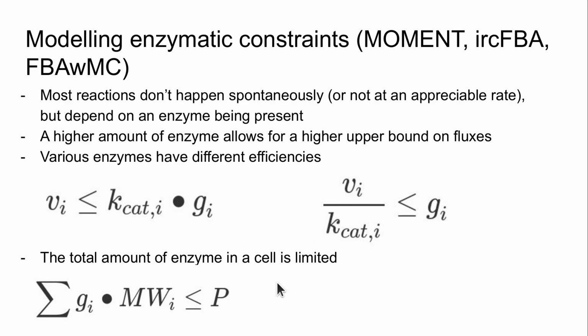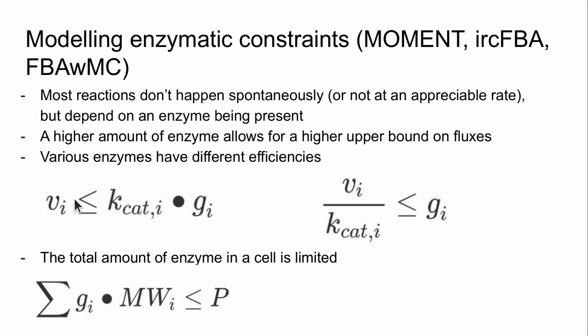And so essentially that means that the sum over all enzymes of the concentration of that enzyme multiplied by the molecular weight of that enzyme has to be less than this constant P, which is the total enzymatic capacity of the cell.